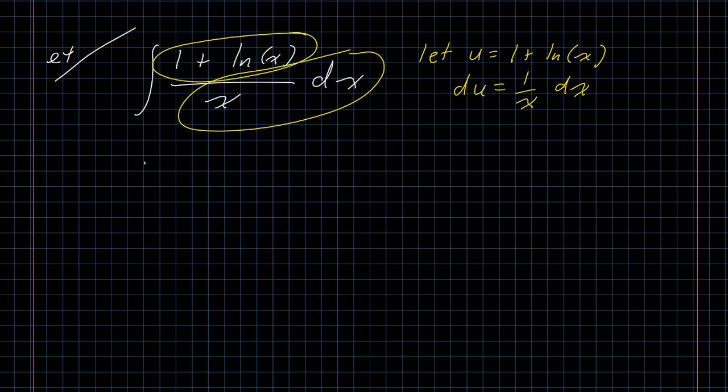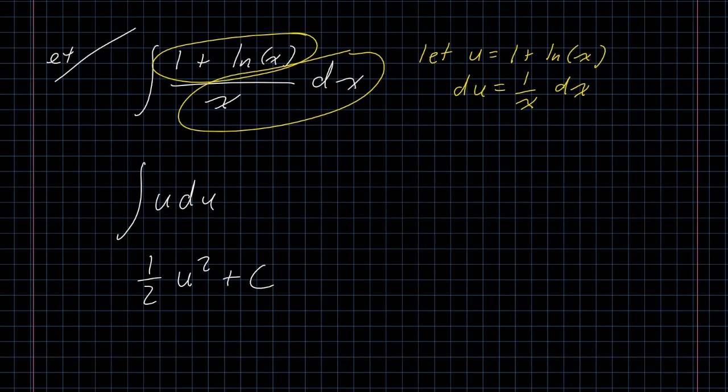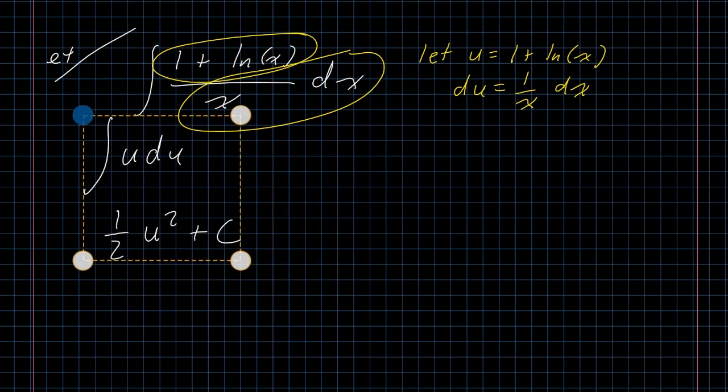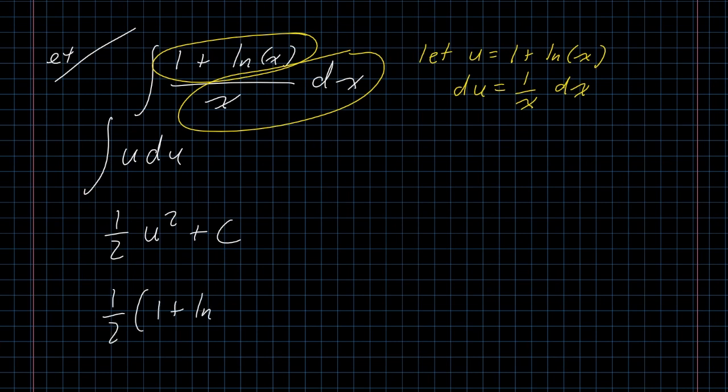And this integral is just the integral of u du, which comes out as 1/2 u squared, plus your constant of integration. Plug in the meaning of u, which I am writing too big to fit on the screen. All right, tighten this up a little bit so I have a little bit more space. 1/2 times 1 plus the natural log of x, the whole thing squared, plus our constant of integration.